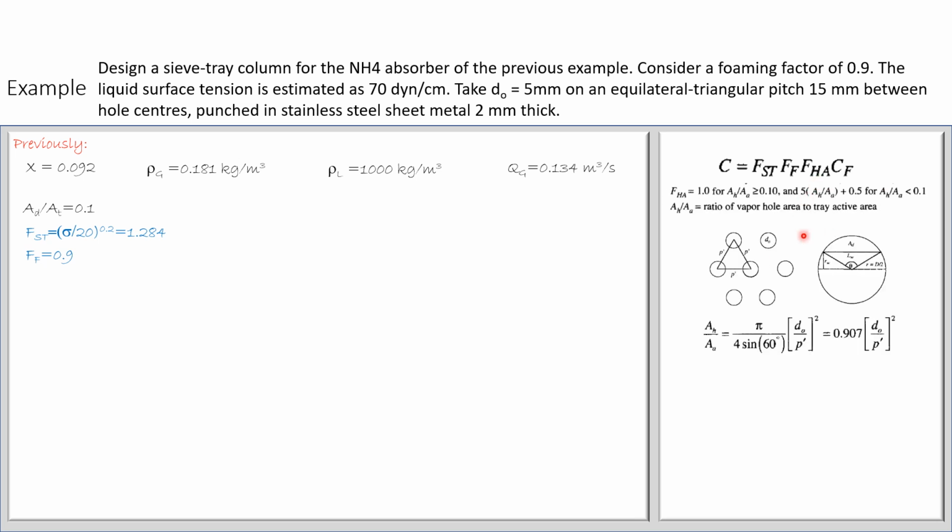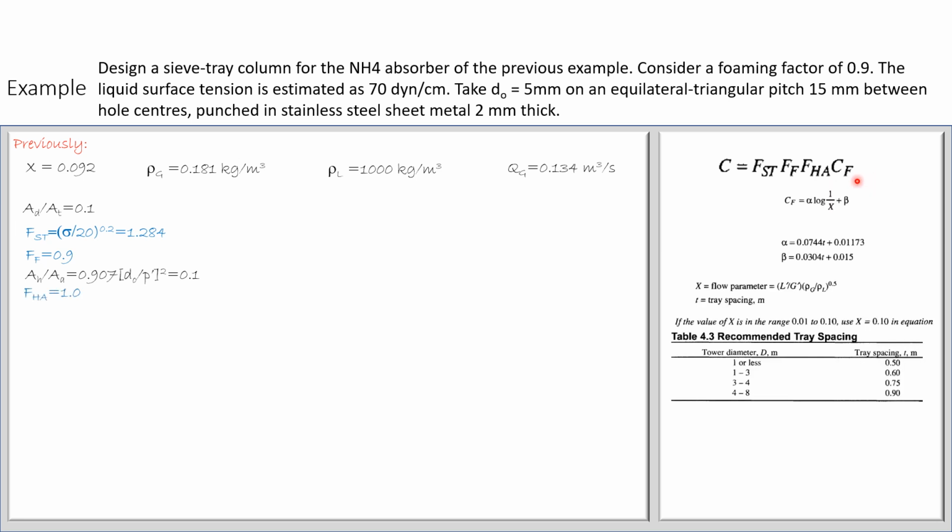Next is FHA. For FHA, I need to determine the ratio of AH over AA, which is a function of hole diameter and the pitch value, and therefore AH over AA is equal to 0.1, and if it is equal to 0.1 or greater, then FHA is equal to 1.